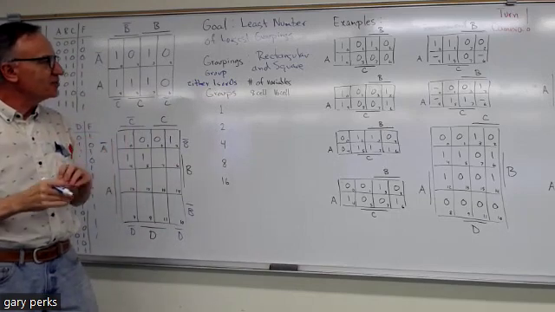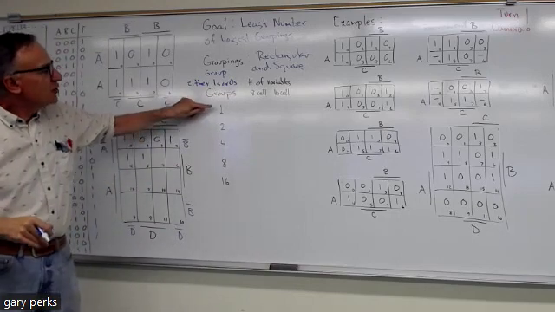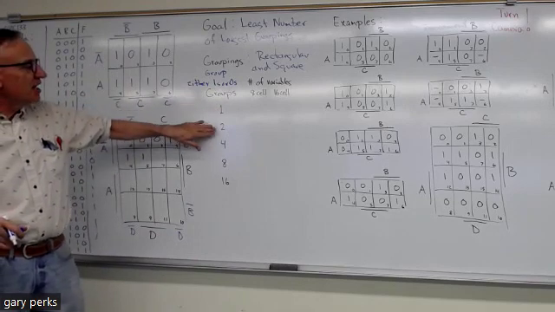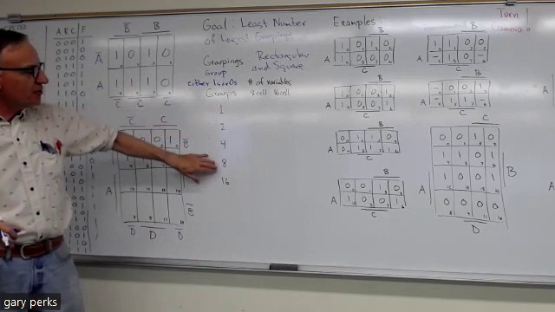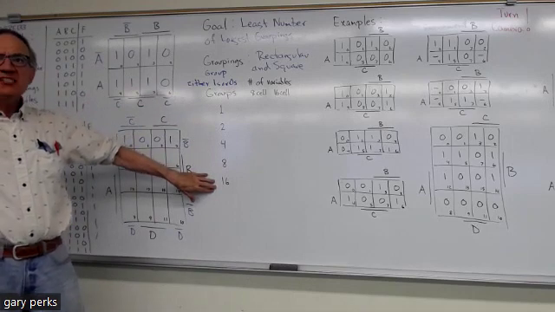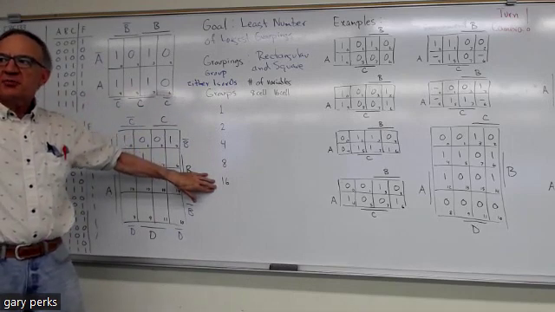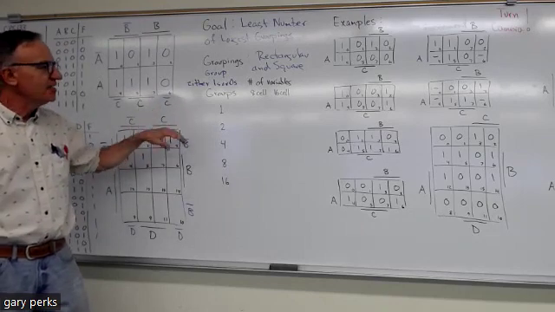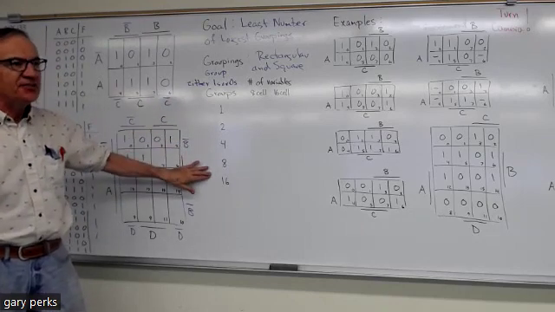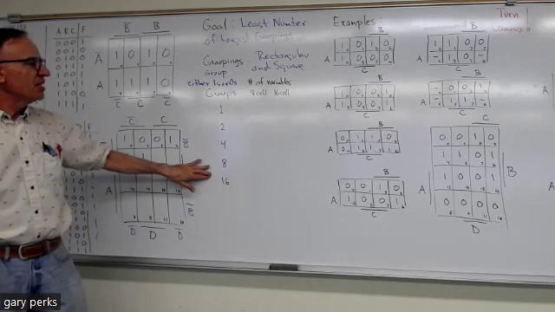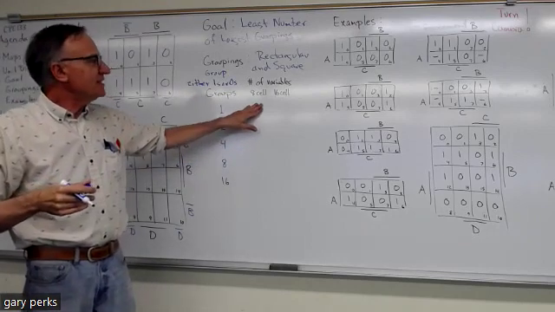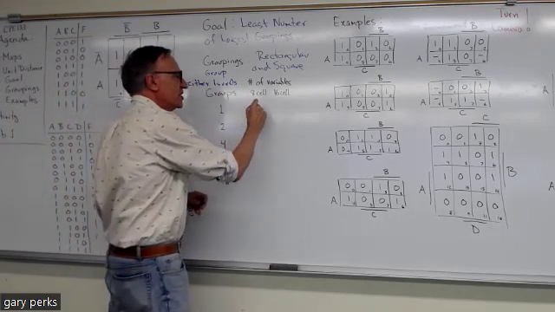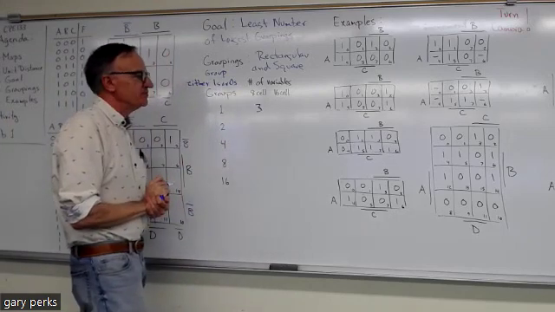All right, so when you group the 1s or 0s, depending on what you're after, SOP for F or SOP for not F, you can only group in these numbers. You can have a single grouping, a group of 2, a group of 4, a group of 8, a group of 16. So it has to be a group of a whole number power of 2. You can't have a group of 3, you can't have a group of 6. These are the only allowed groupings. Now, if you have an 8-cell K-map and you do a single grouping, you're going to get a 3-variable term.